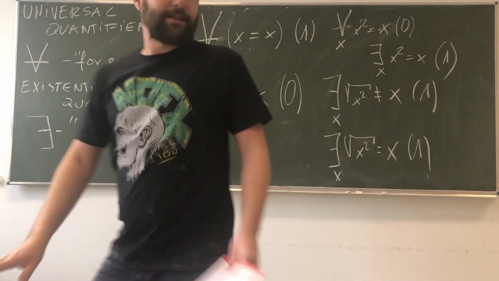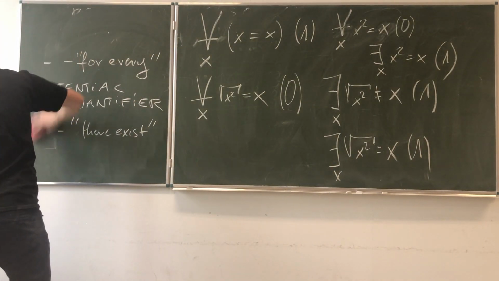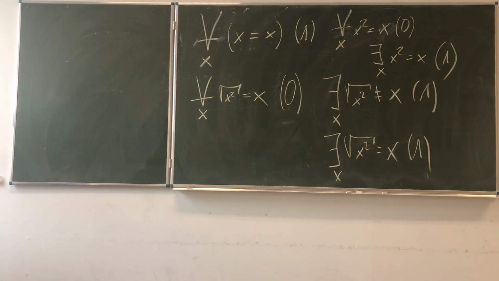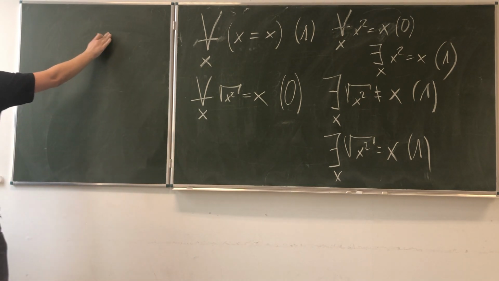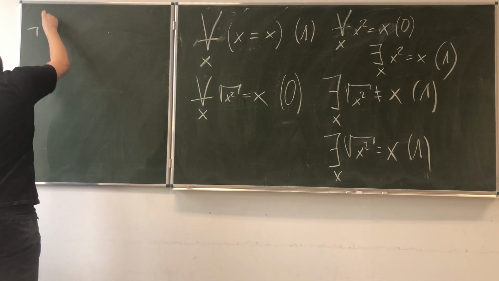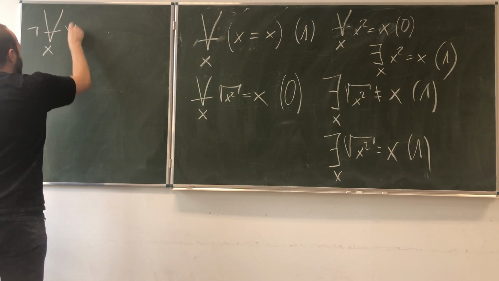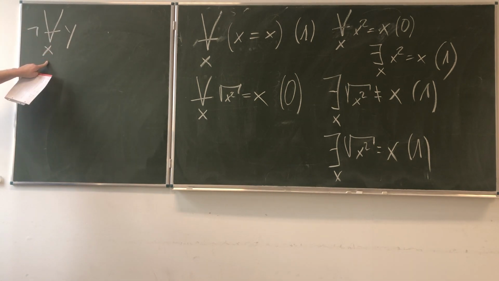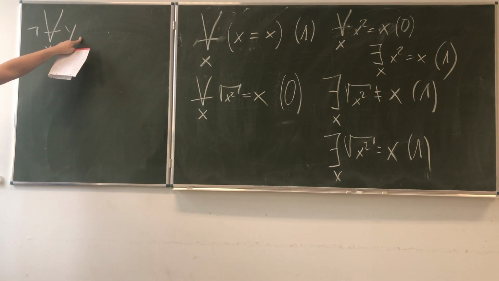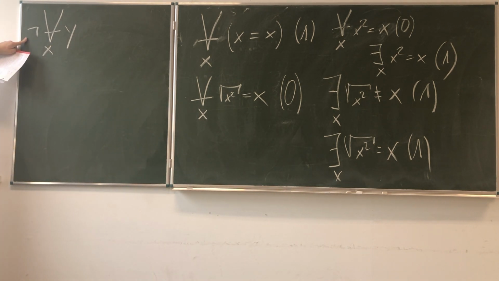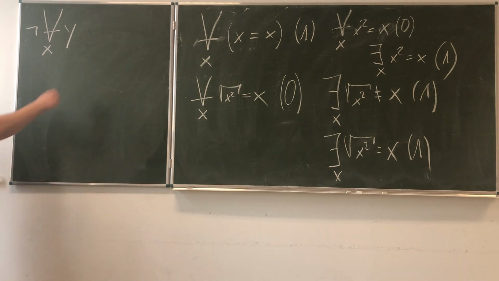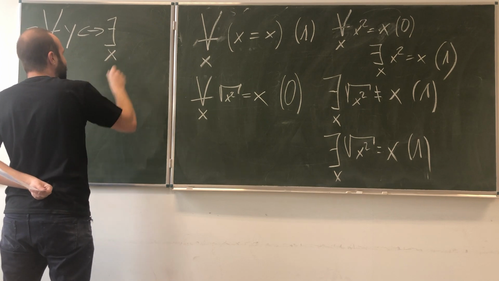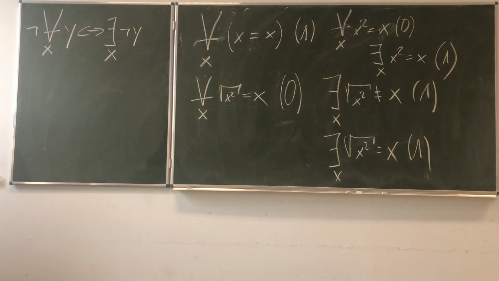Okay, and the one last thing, I promise, about logics are the 2 laws associated with quantifiers. And look, they make perfect sense. So not for every x, y. We read this as for every x, some statement y. If we say that this is not truthful, this is the same as saying that there exists such x that not y.